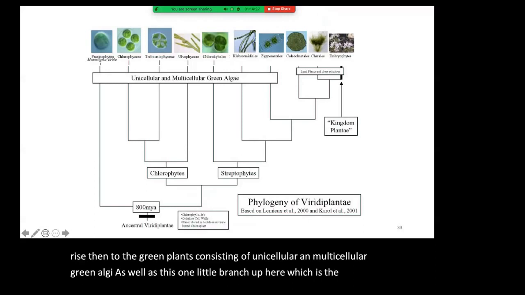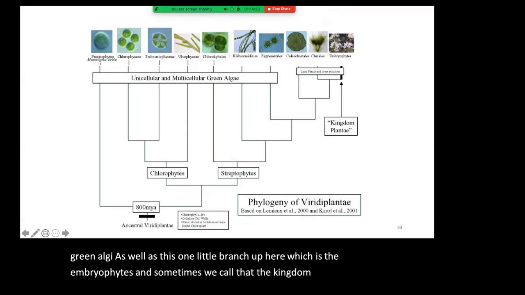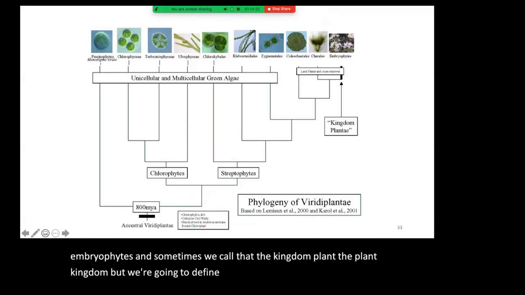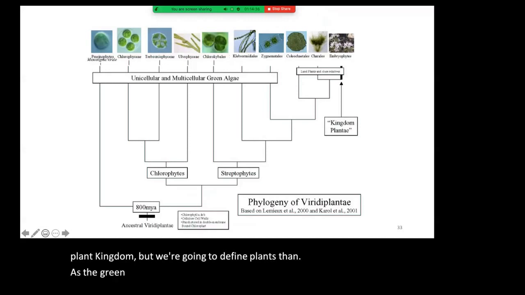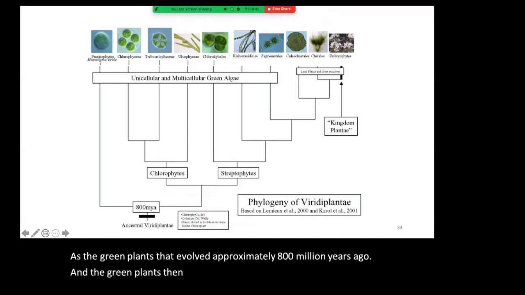And sometimes we call that the kingdom Plantae, the plant kingdom, okay? But we're going to define plants as the green plants, that evolved approximately 800 million years ago. And the green plants consist of unicellular and multicellular green algae, as well as the embryophytes, or the land plants.